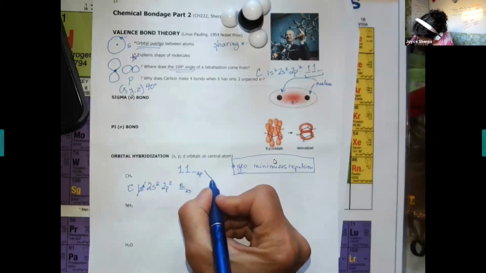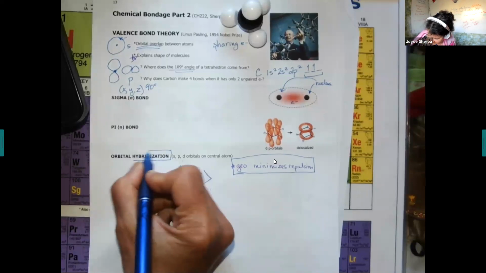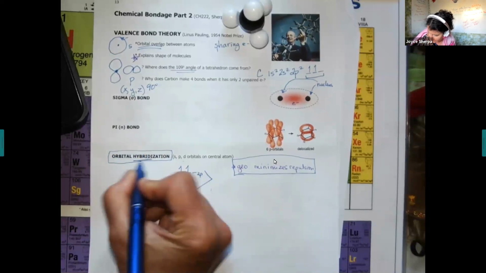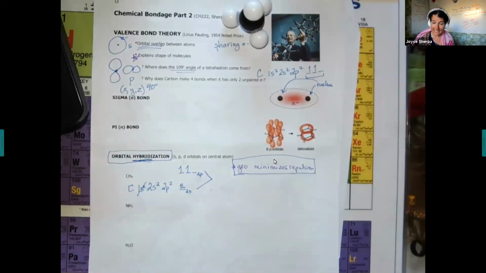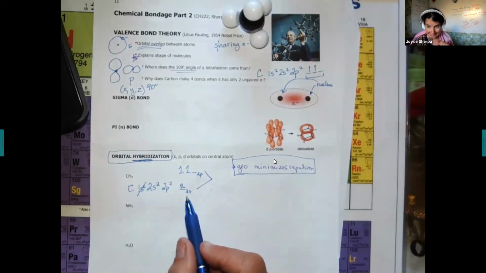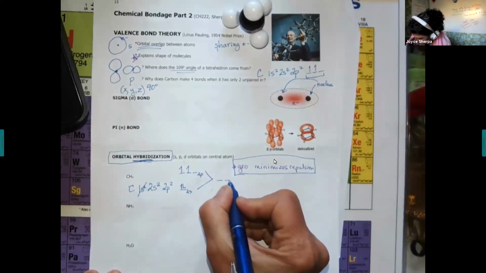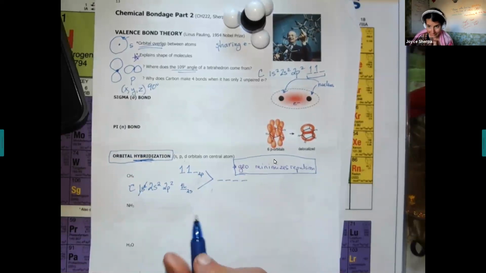What he said is they hybridize. So that's this word. We're going to see orbital hybridization. So we're going to make hybrids. And they hybridize. So the number of lines is going to stay the same, but they come to a point in between. So we now have 4 lines, and they're all the same.